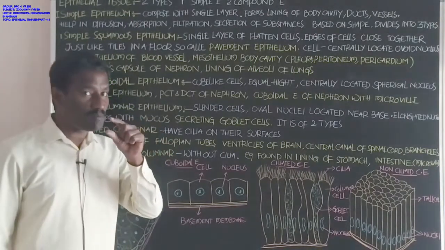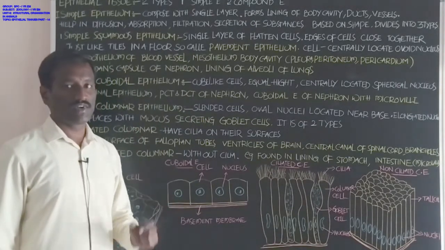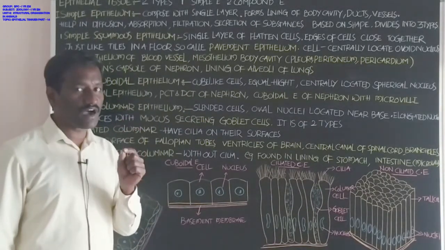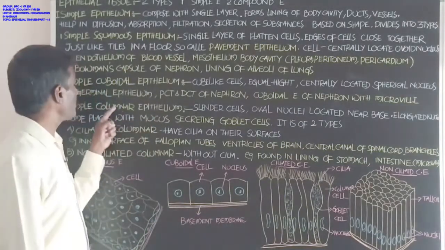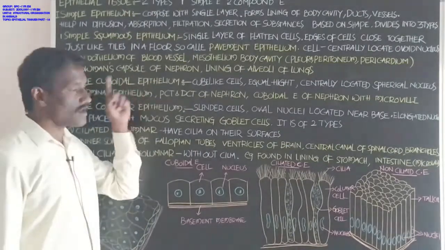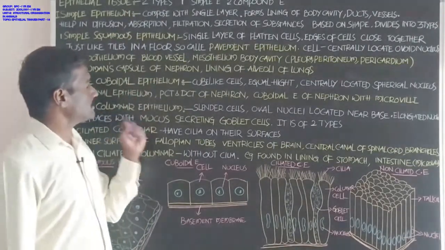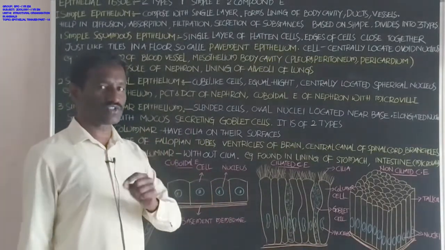Next, the seminiferous tubule of the testis. The testis has seminiferous tubules, which are also lined with simple cuboidal epithelium. Next, students, if you observe the renal tubule of the nephron, it shows three parts.